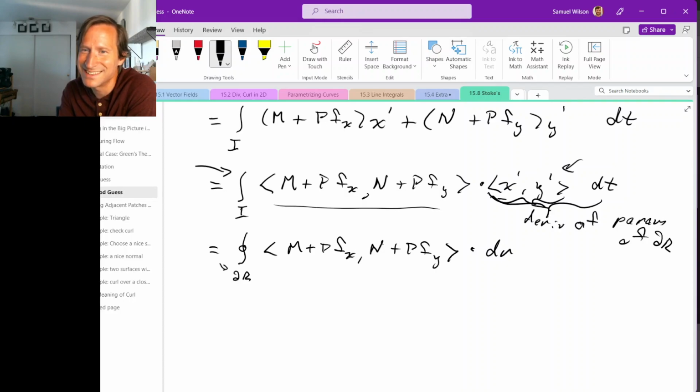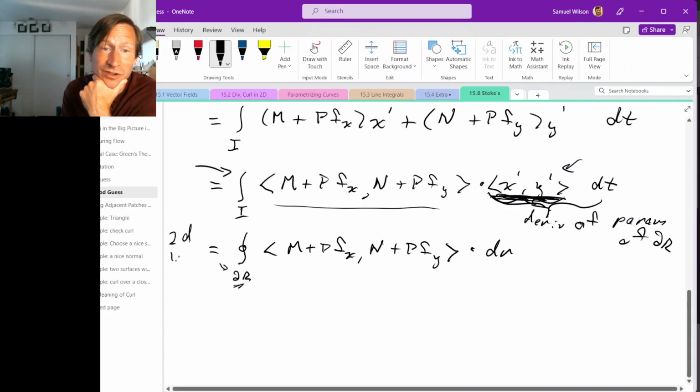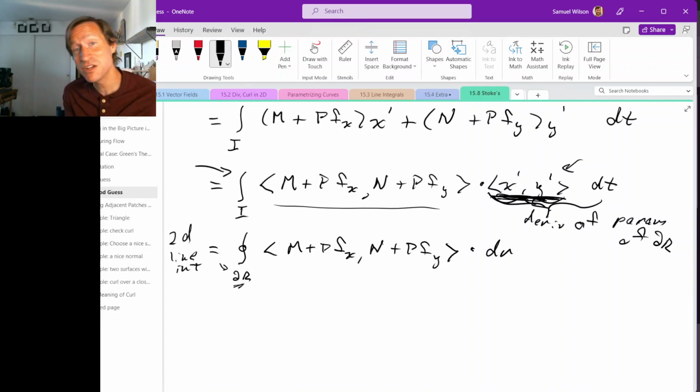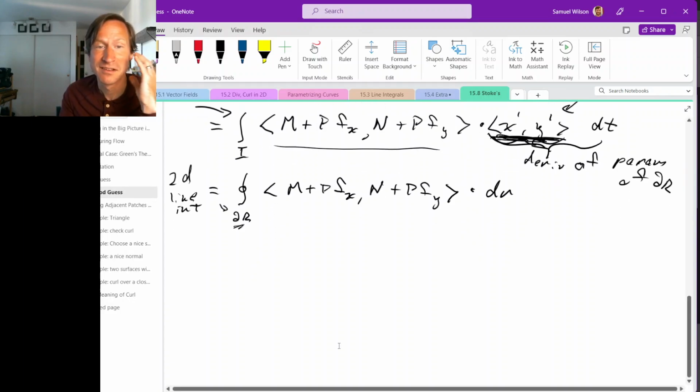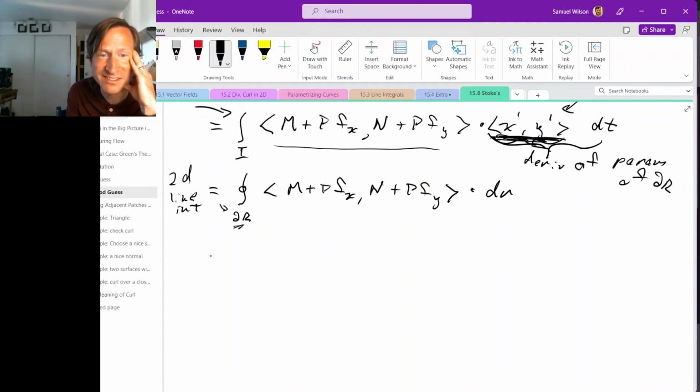It's because exactly the right thing shows up here to rewrite it as the integral around the boundary of R. But now this is genuinely a 2D line integral around a boundary, so we could use Green's theorem. Green's theorem says that this line integral around the boundary in 2D is the integral over the entire region R of the curl of this vector field, dA.